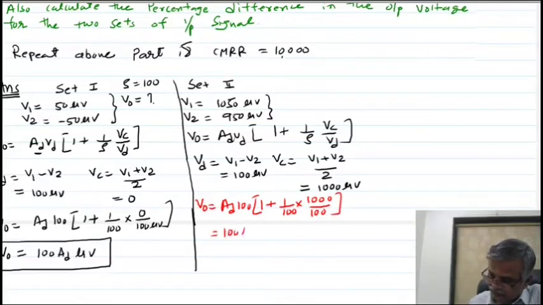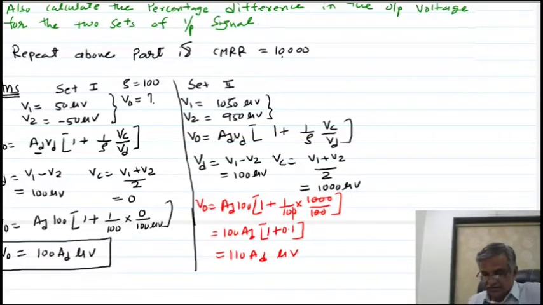So this is 100 AD, 1 plus, you can see this 3 is cancelled with this, 0.1, I get 110 AD microvolt. If this is the input voltage, your output is 100 AD microvolt. If this is the input voltage, then output is 110 AD microvolt.